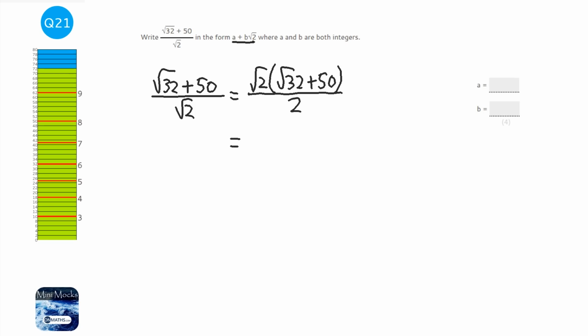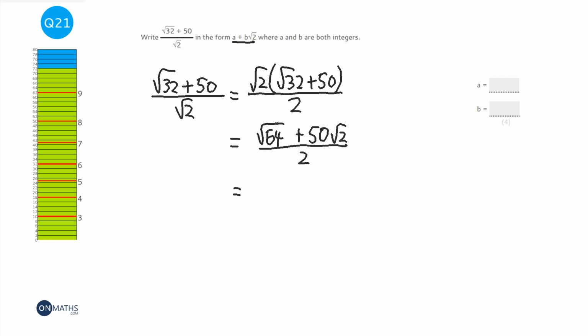Then I expand the brackets, so that's going to be square root 64, because with surds, if you times surds, you can just times the numbers and keep it in a square root, plus 50 root 2, and obviously that's still over 2. I know root 64 is just 8, so it's 8 plus 50 root 2 over 2. And then what I can do is just divide top and bottom by 2.